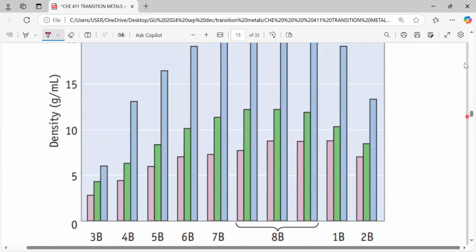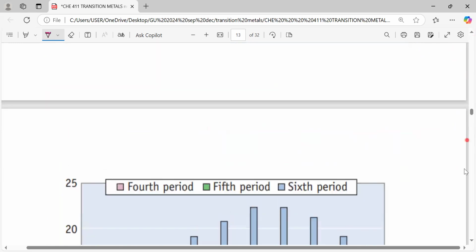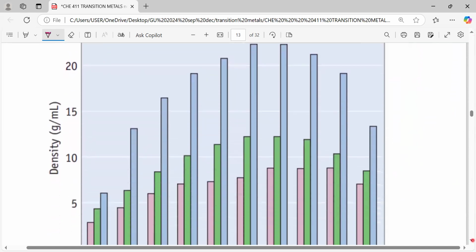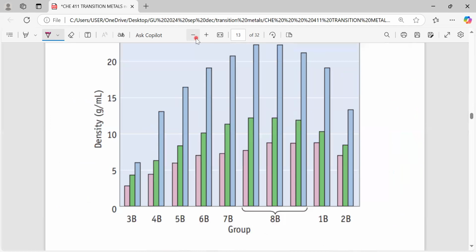And it is clearly reflected here, so I'll just try to ensure everything is seen. Let me make it a bit smaller. So you have to see clearly that the first part here, the pink, is for period 3.